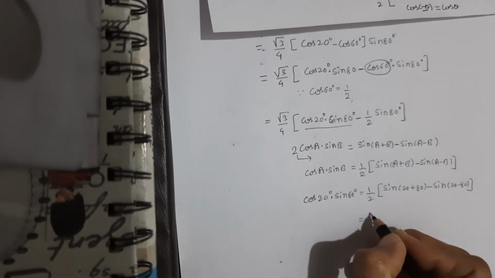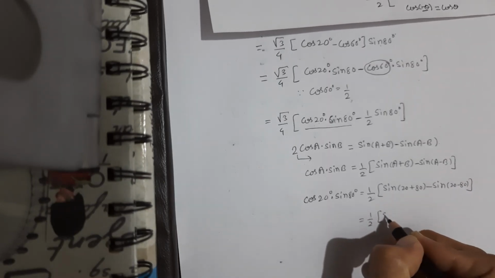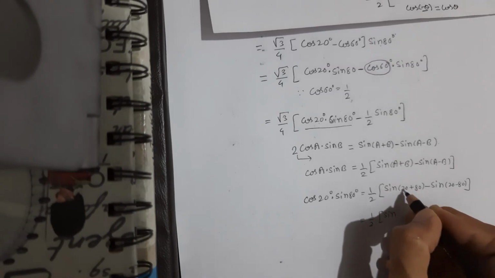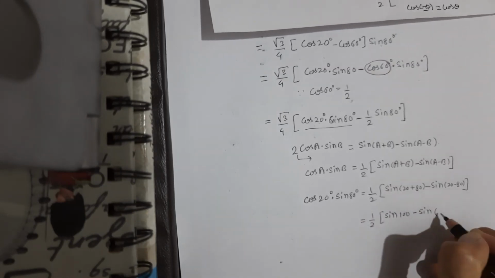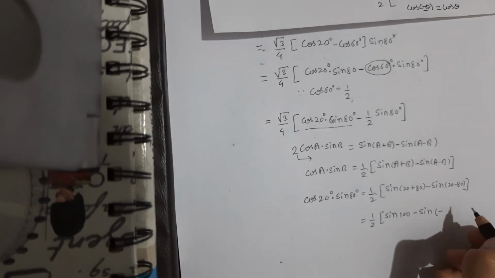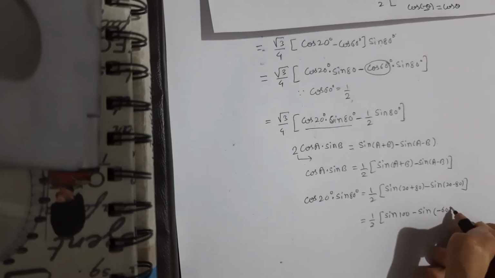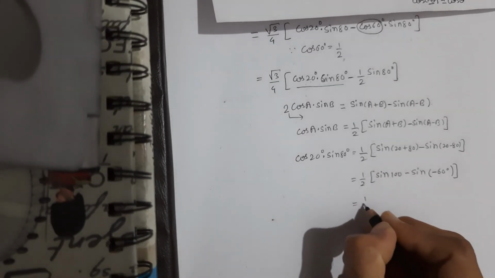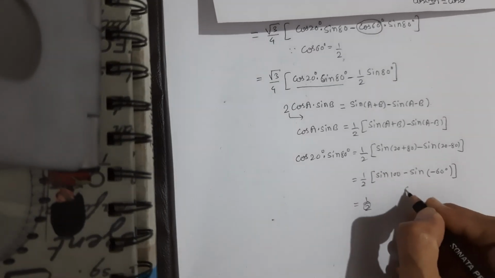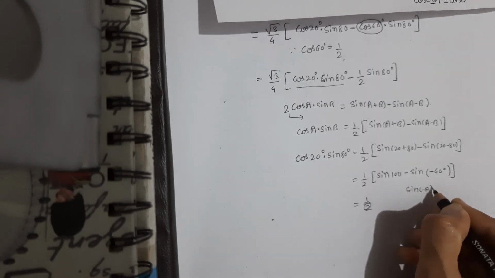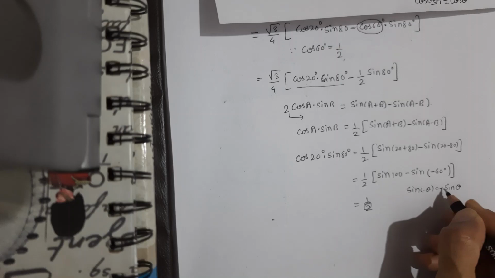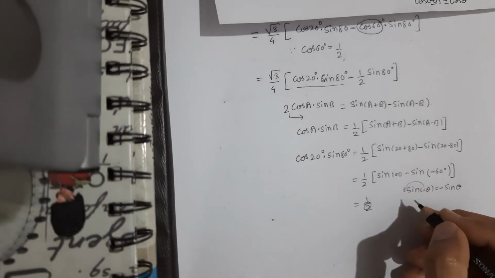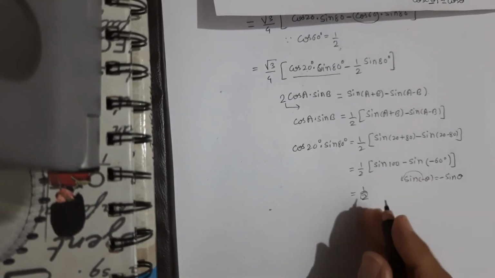So 1 by 2 into sin 100 minus sin minus 60 degrees. Now here sin minus theta is equal to minus sin theta. We know this formula, that this minus sign will always come outside for the sine function.